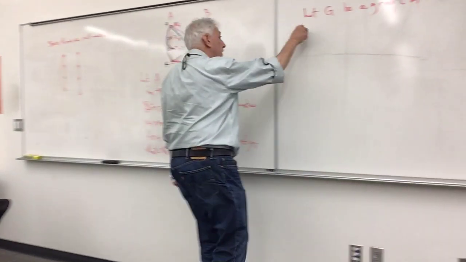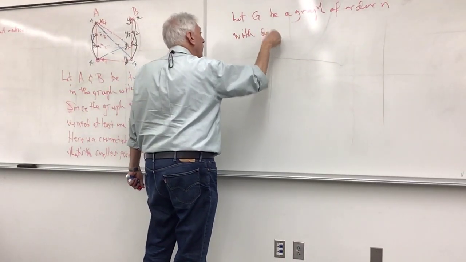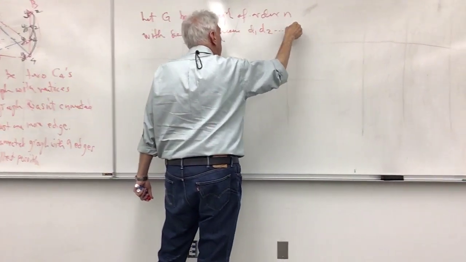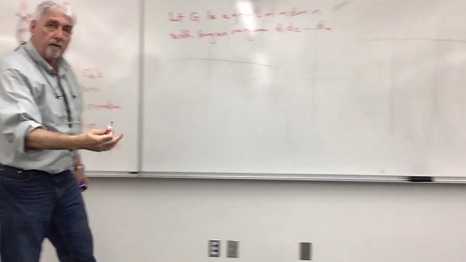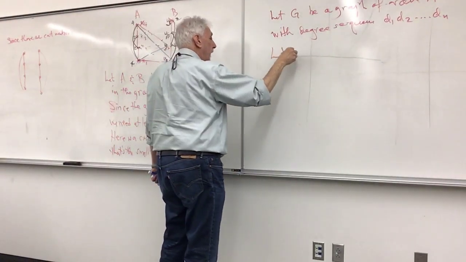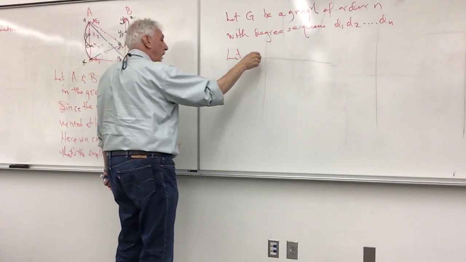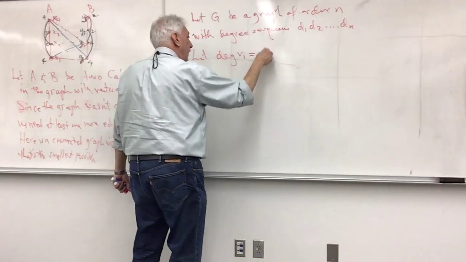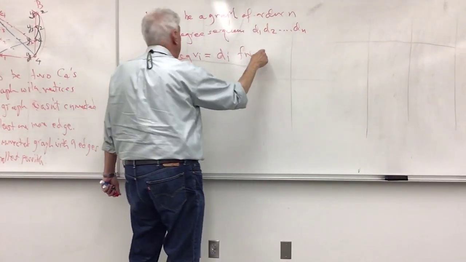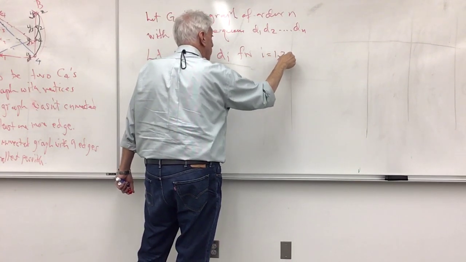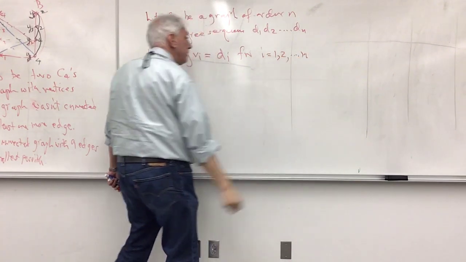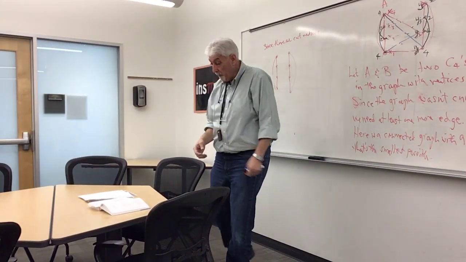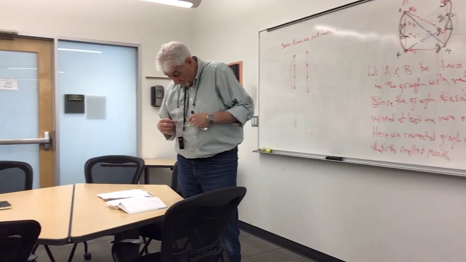So with degree sequence D1, D2, up to Dn, and just for completeness, let the degree of Vi equal Di for i equal to 1, 2, up to n.